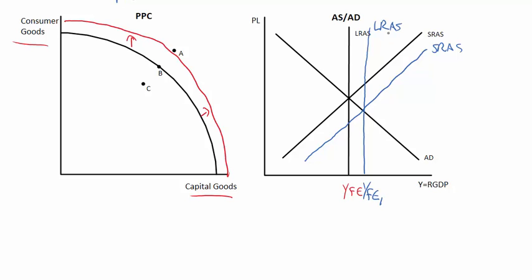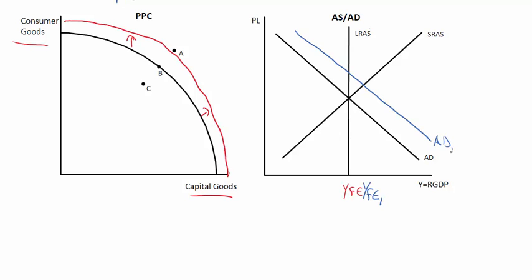The one thing that I'll add is if there's an expansionary policy that shifts aggregate demand, I'm thinking of expansionary monetary policy in particular, you might also see an increase in aggregate demand. So I'll draw this as well, where you have aggregate demand shifting out, short run aggregate supply shifting out, and then your long run aggregate supply shifting out as well.